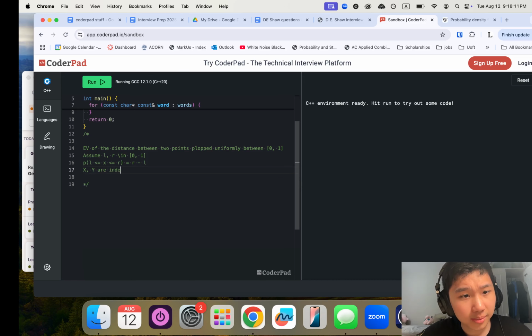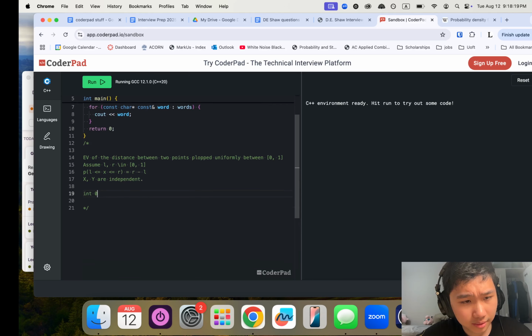X and y are independent, then it's going to be the integral from 0 to 1.